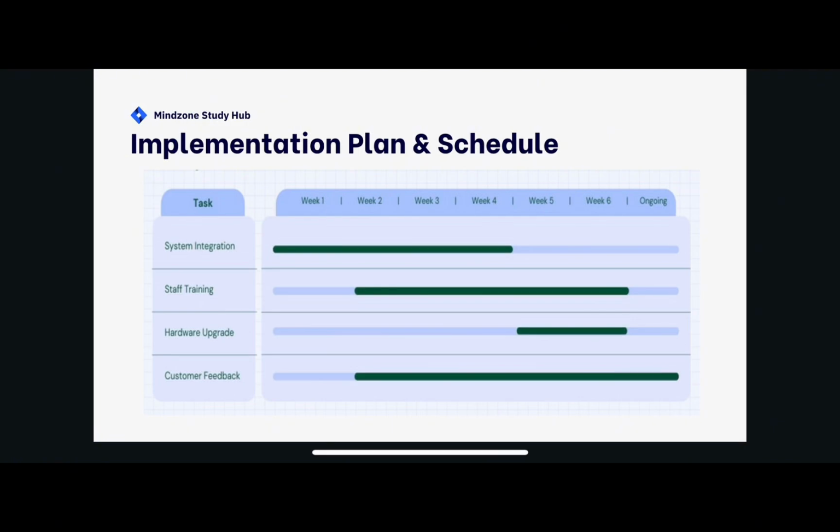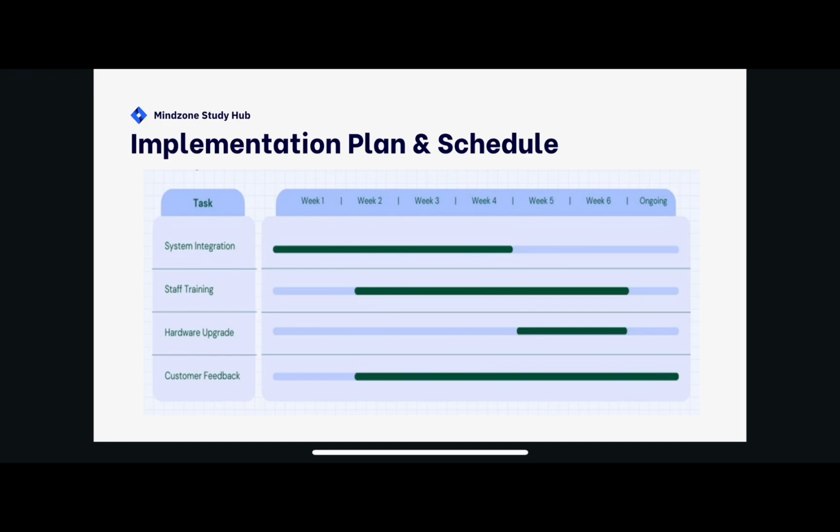But of course, first we will need to go through the system integration, or the installation of the software to the PC of the staff. They currently are using one PC per staff since they only have one staff working per shift.